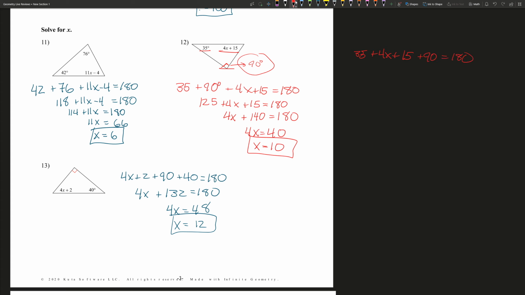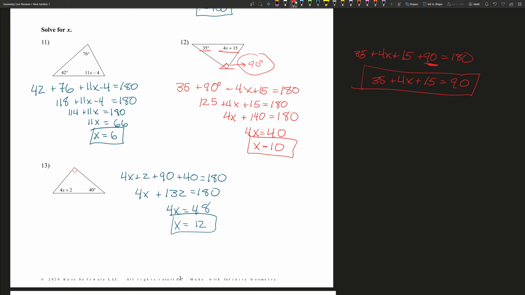If you then just get rid of this 90 here, you get 35 plus 4x plus 15 is equal to 90. So I think this is probably where you started.